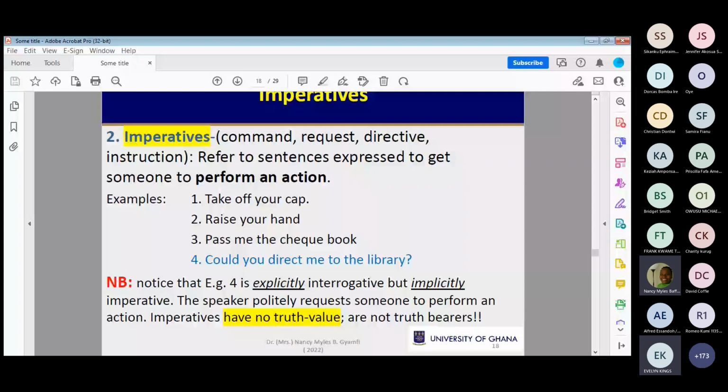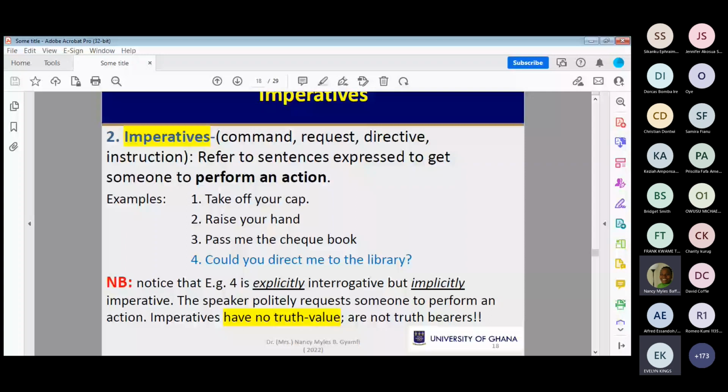Okay, so for such instances, look at my notes, the NB down there. I said that notice that example 4 is explicitly interrogative, but implicitly imperative. So if you saw it written, it will come with a question mark. The first thought that will come to you is that, oh, this is a question, until you look at the intention of the speaker. That's what is hidden. So this is explicitly interrogative, implicitly imperative. If you don't see explicit and implicit, those big words, you would see covert and overt.